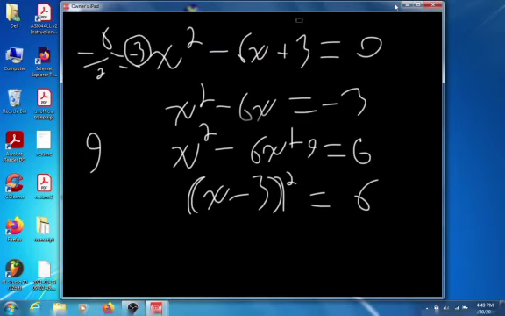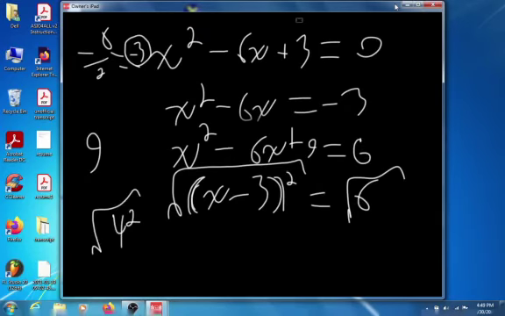What we're going to do is try and get x minus 3 by itself. That way we can continue to solve the equation by rearranging. To get x minus 3 by itself, you're going to have to take the square root of both sides. So x minus 3 squared, taking the square root of that, is equal to x minus 3. In other words, let's say you have 4 squared. If you take the square root of 4 squared, you just get 4.